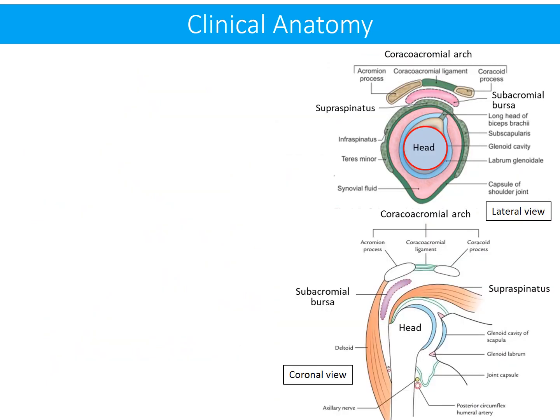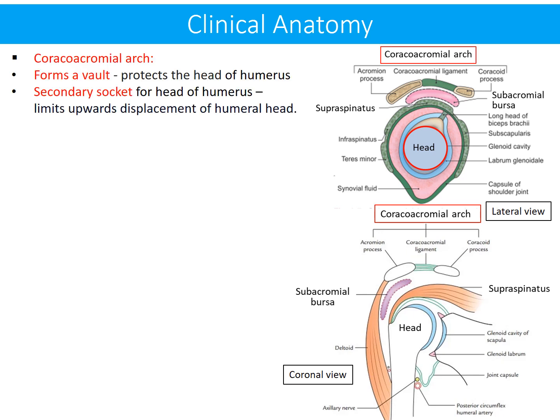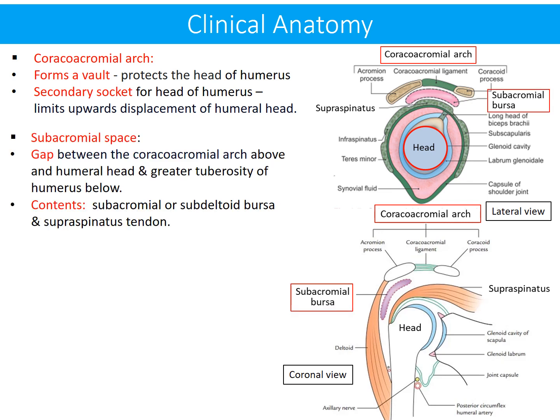Now let us have a look at the clinical anatomy relating coracoacromial arch. This arch forms a vault which protects the head of the humerus. It functions as secondary socket for the head of the humerus as it limits upward displacement of the humeral head.